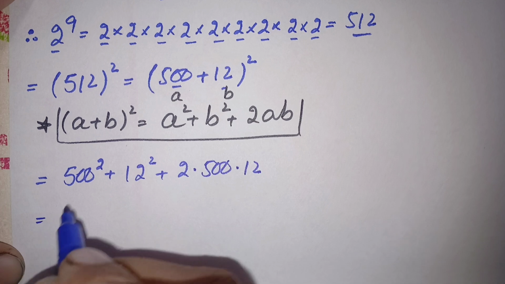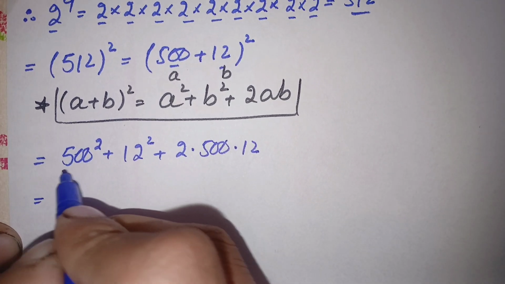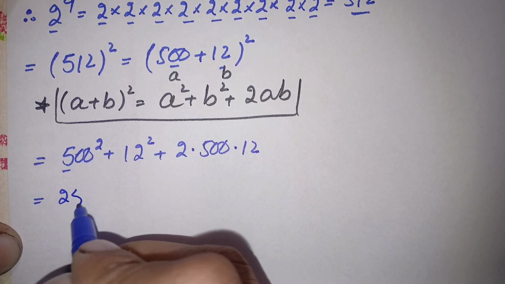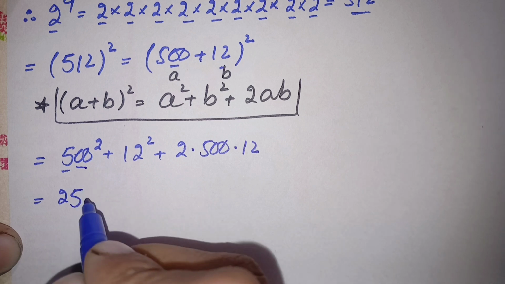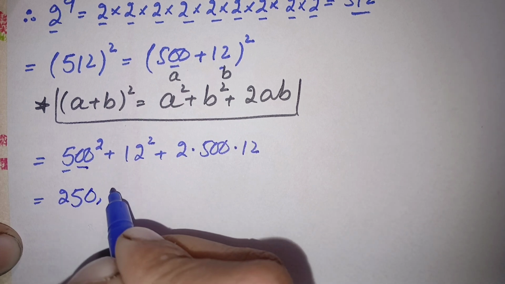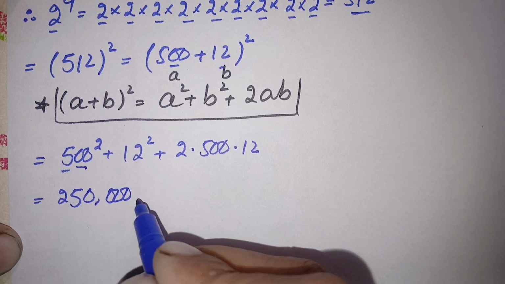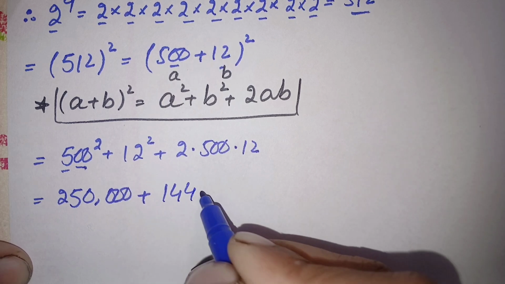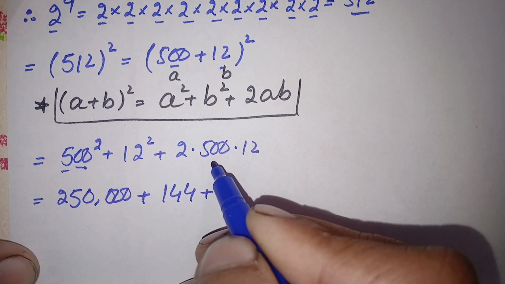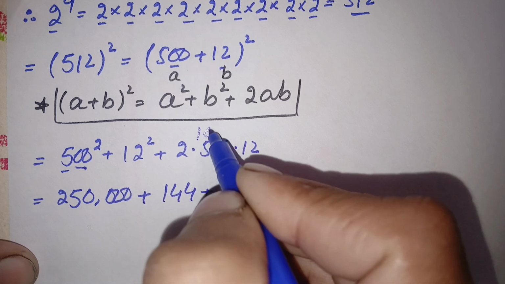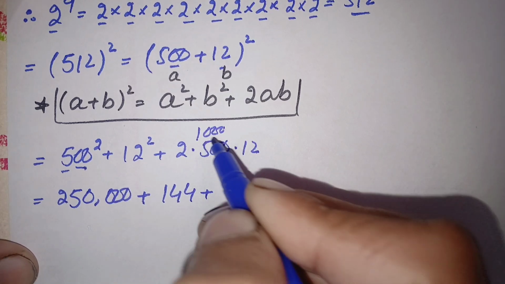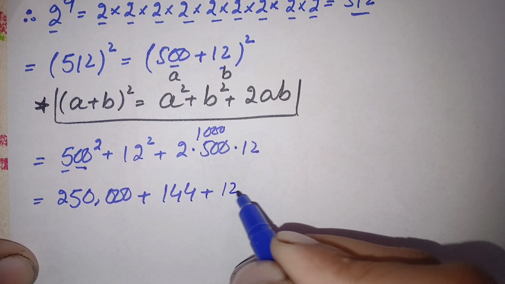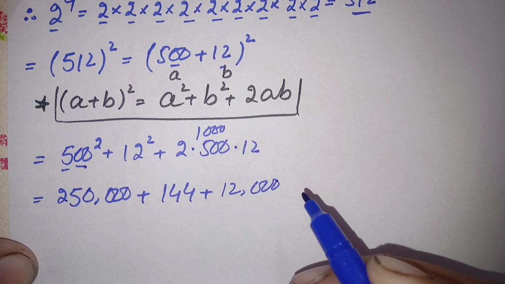What is the value of 500 square? 5 square is 25, and there are 2 zeros. These will become double, so there will be 4 zeros. This will become 250,000. 12 square is 144 plus 2 times 500 is 1000, and 12 times 1000 is 12,000.